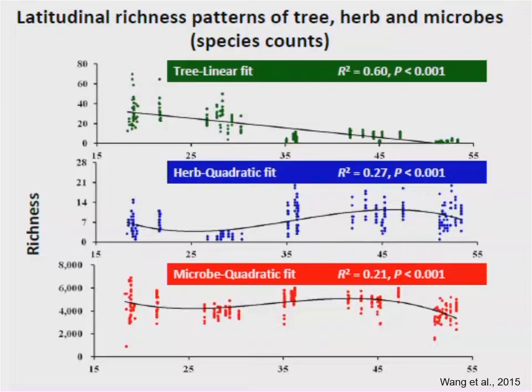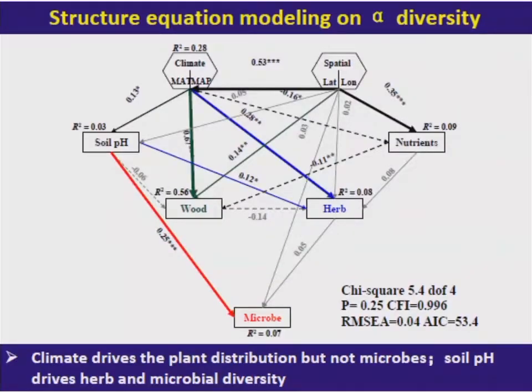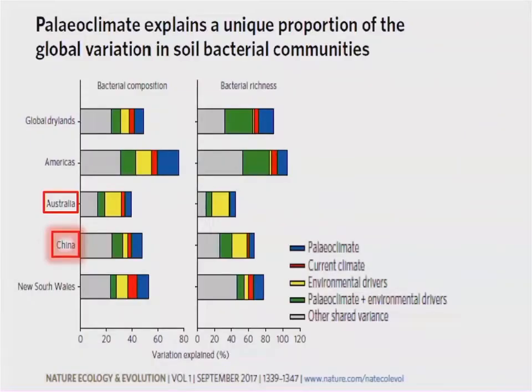Certainly, we can do some further analysis to understand the environmental factors driving these patterns. So for the soil microbes, herbs and also soil pH play an important role in determining the microbial distribution, or the bacterial distribution, in this soil.